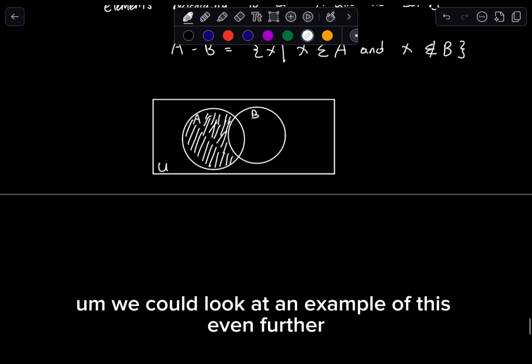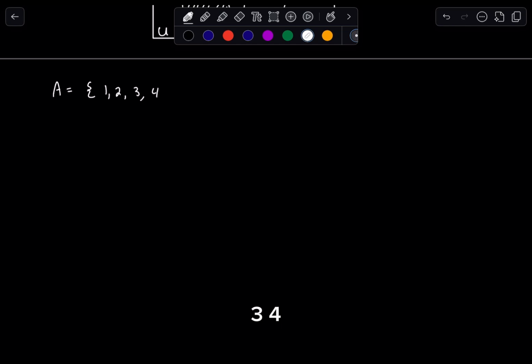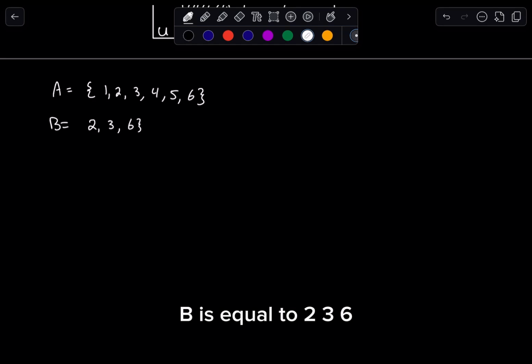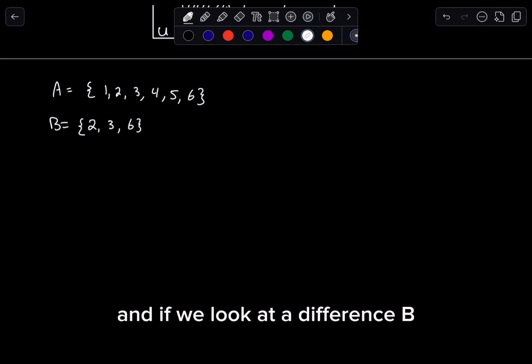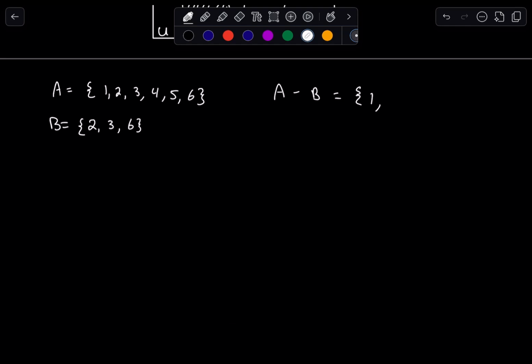We could look at an example of this even further. So we can say that A is equal to 1, 2, 3, 4, 5, 6. B is equal to 2, 3, 6. And if we look at A difference B, A minus B, it would simply be all the elements in A minus the elements from B. So it would be 1, 4, 5.